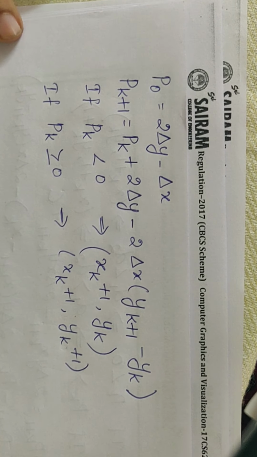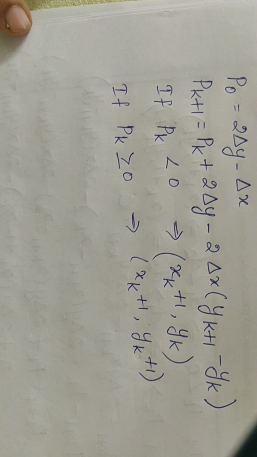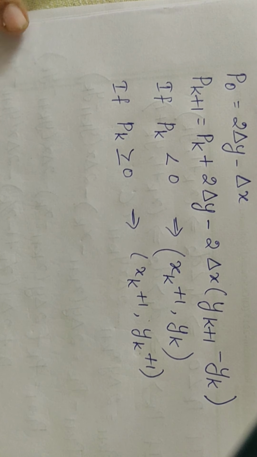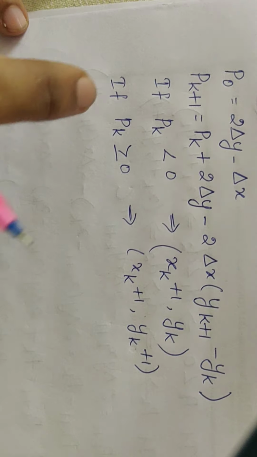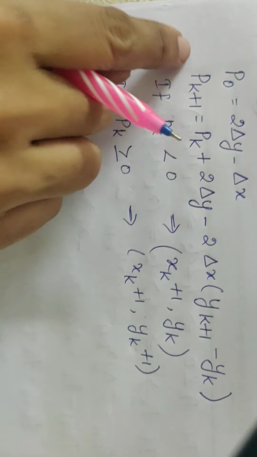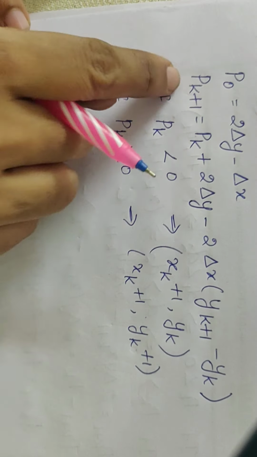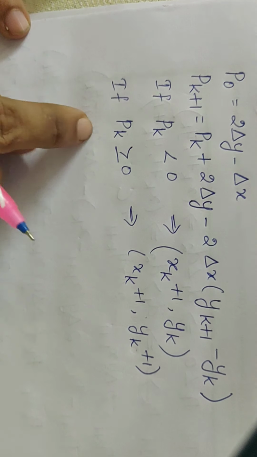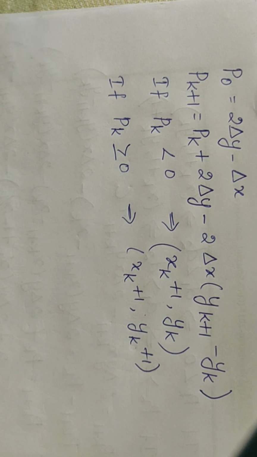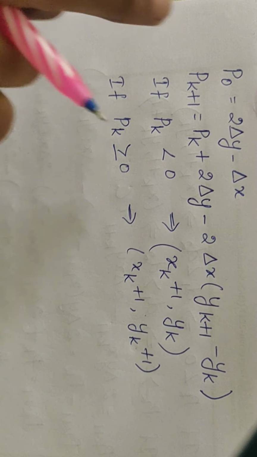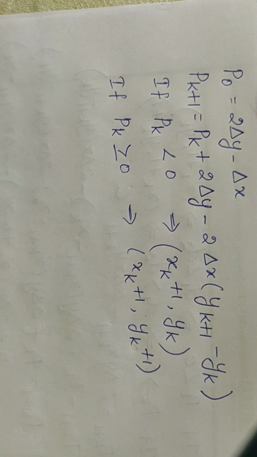Now, to do the sum, I have to reduce this pk plus 1 equation for these two cases. The derivation is over. We have found out p0, pk plus 1 and pk values, everything.